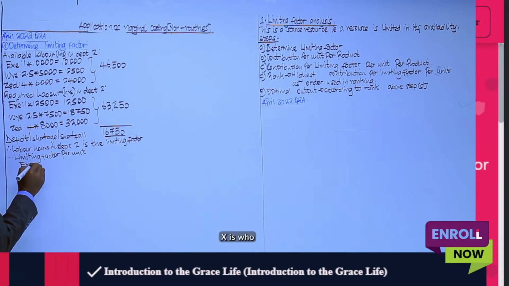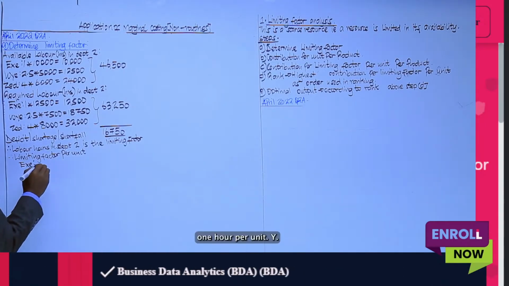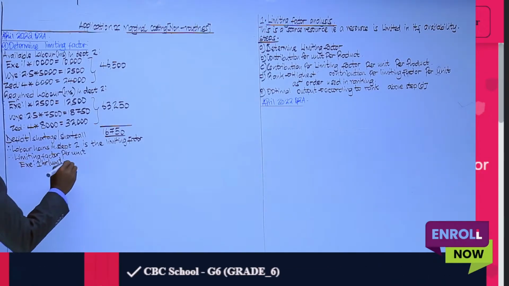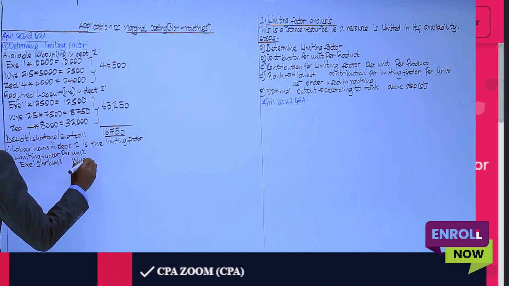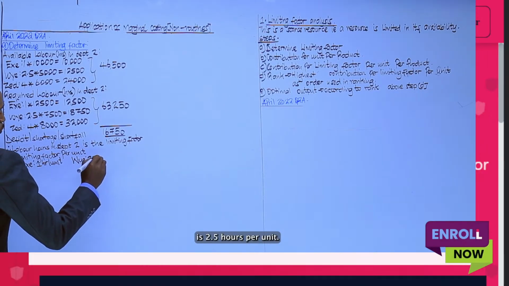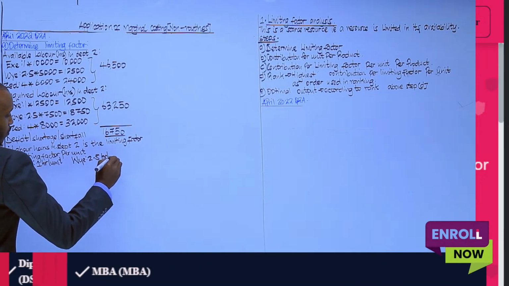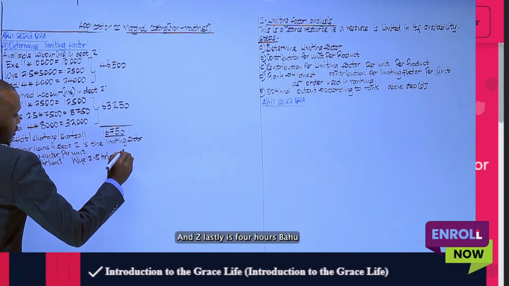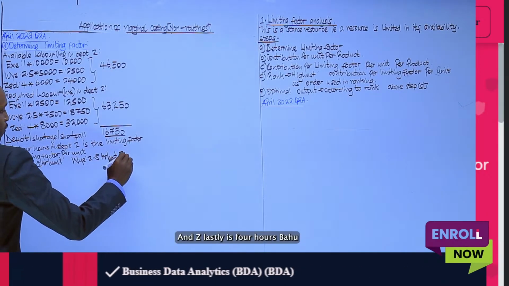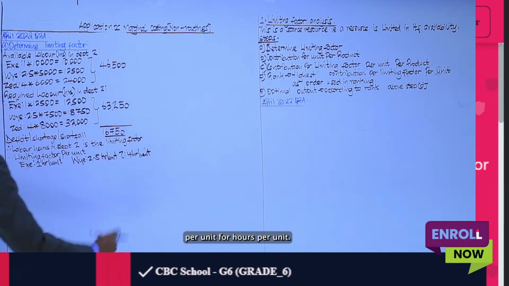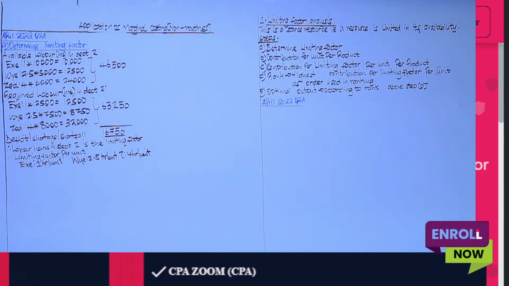X is 1 hour per unit. Y is 2.5 hours per unit. And Z, lastly, is 4 hours per unit.